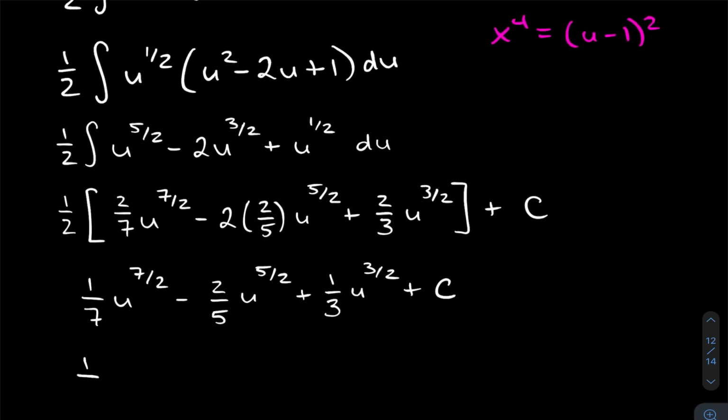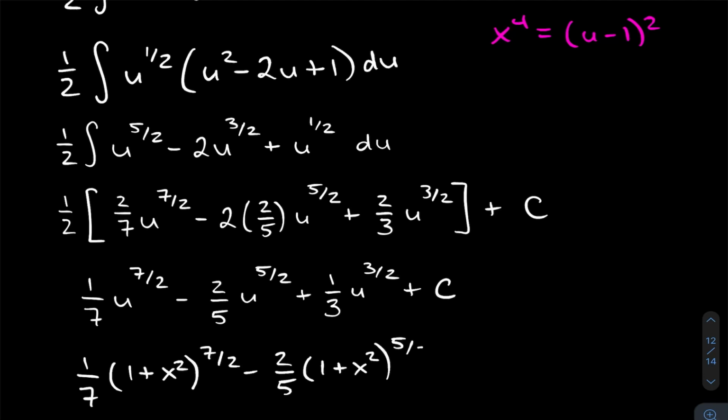So this is 1 over 7 times 1 plus x squared to the 7/2 minus 2/5 times 1 plus x squared to the 5/2 plus 1/3 times 1 plus x squared to the 3/2 plus c.